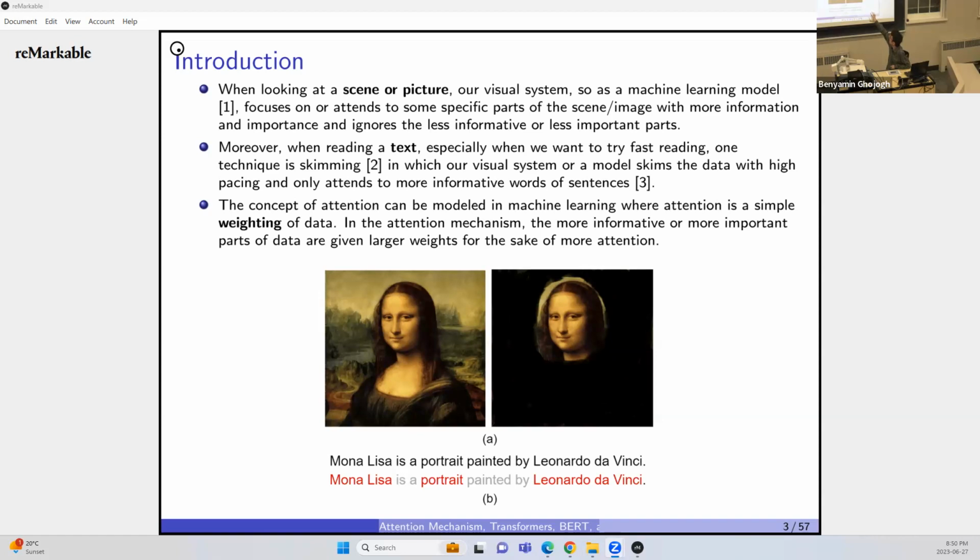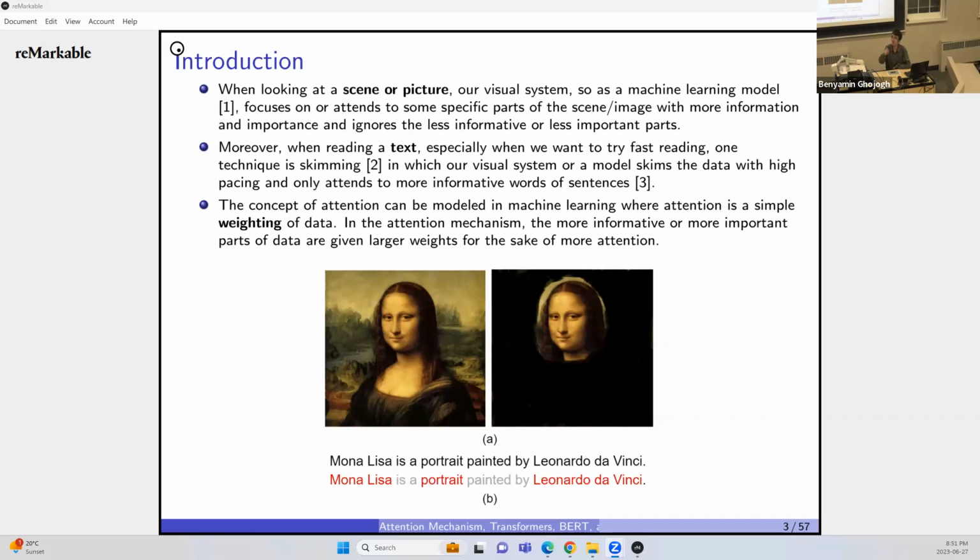Which parts of this image do you attend to more? Her face, her lips, her smile, her eyes, right? Do you notice that there is a river behind her? No, not much at first glance, right? So you attend to her face more. So you attend to some pixels or some regions of the image more than other parts.